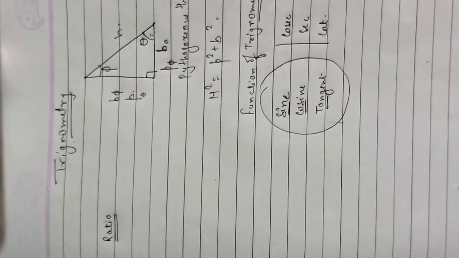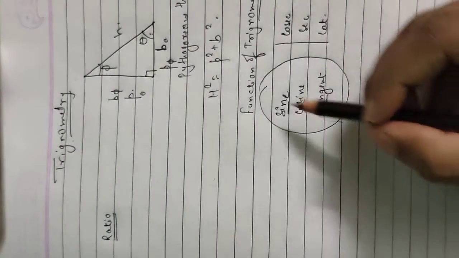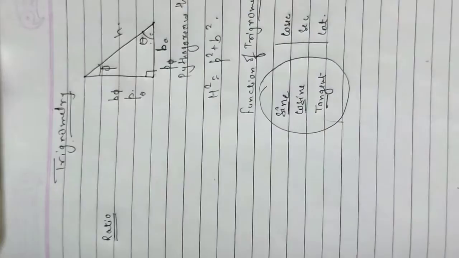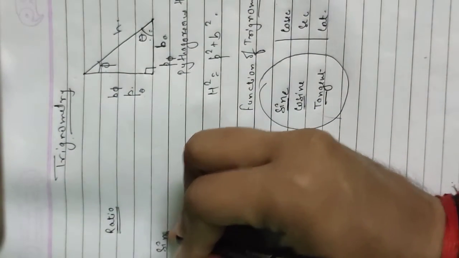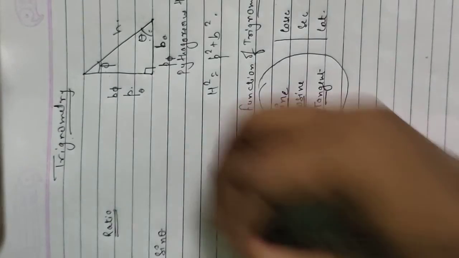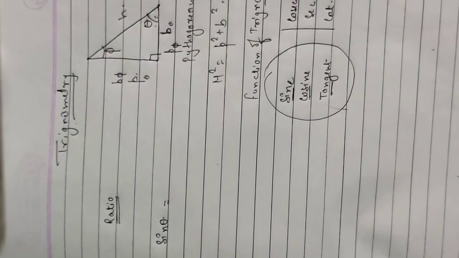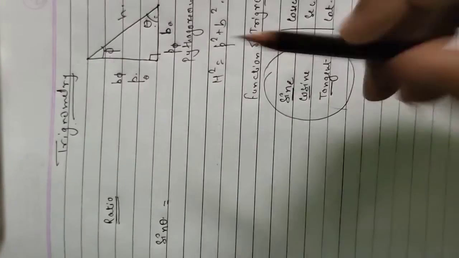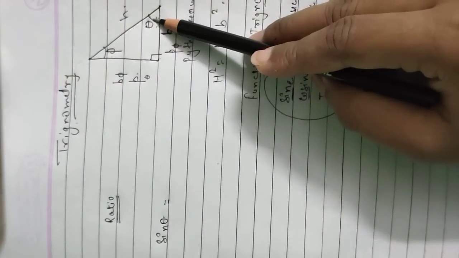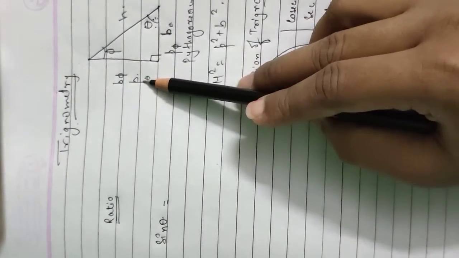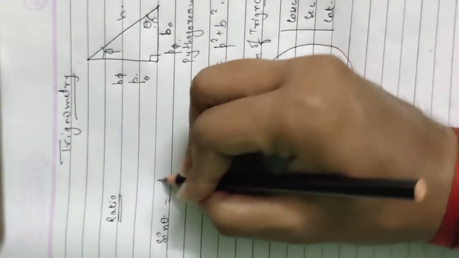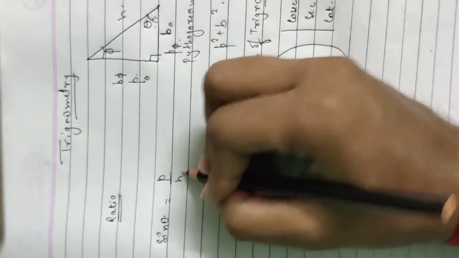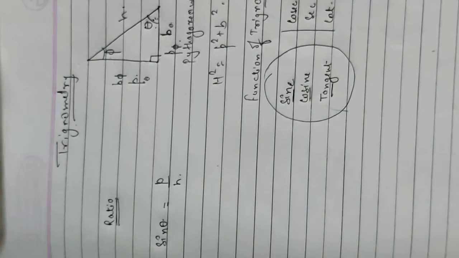What about sine theta? If you are taking theta as an angle, sine theta will have a ratio and will be equal to, if we are taking this as theta, then this will be perpendicular and this will be base, then sine theta will be equal to p by h, means perpendicular by hypotenuse.